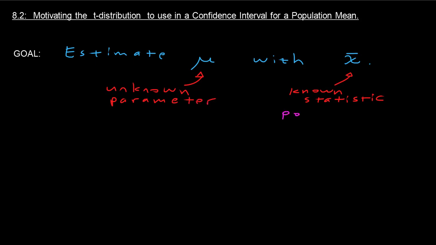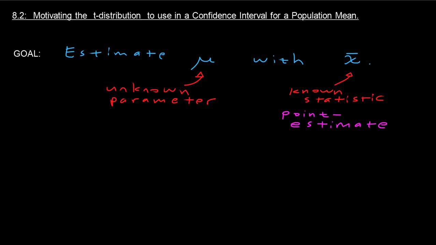Another way that we can consider or call our sample mean is as a point estimate, because it is a single point. Since that sample statistic is just a single value, we know that it will not equal the population parameter, right? They're not going to be equal.